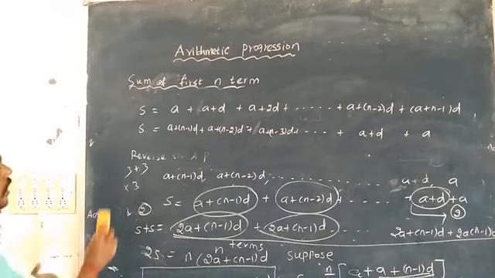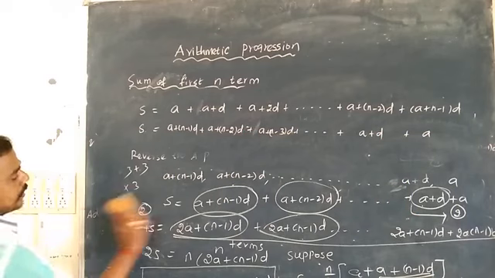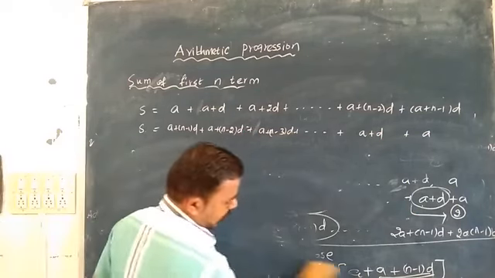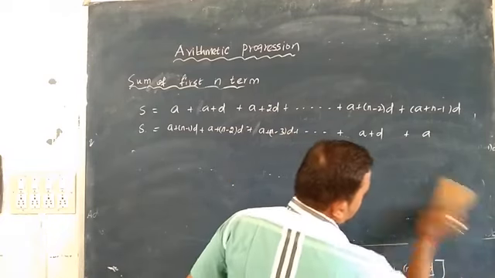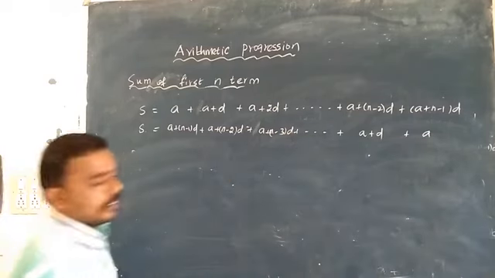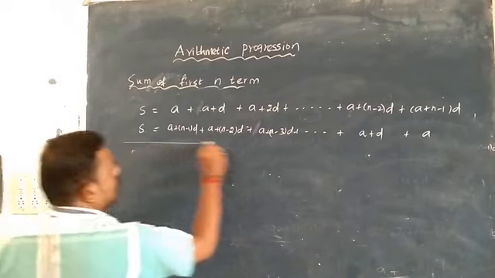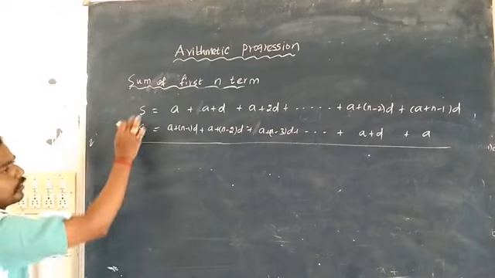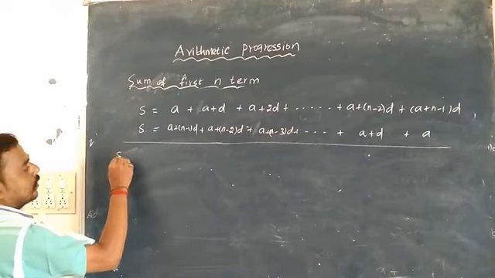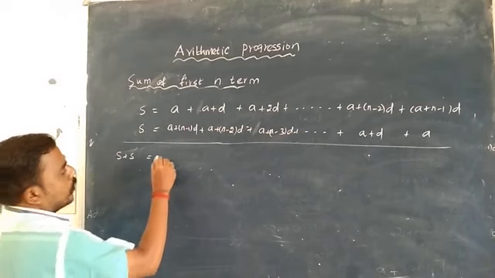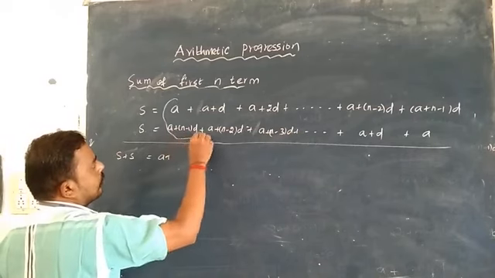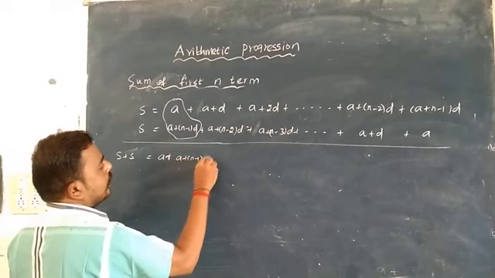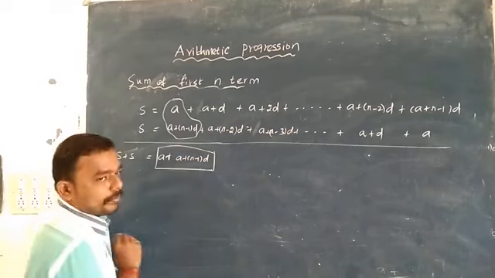This summation we need: S plus S. So add these two numbers. The process is just repeated addition. You may think the addition is somewhat difficult. So add these two numbers. So S plus S equals, first, a plus (a plus (n minus 1) into d), first over.